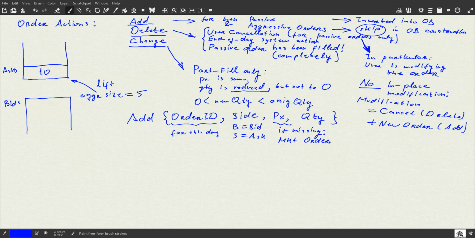And if it is a market order, then obviously we know that market order is the aggressive order. And if it is an aggressive order, then we already know that for the purpose of order book construction, not for any other purpose, but for the purpose of order book construction, you can ignore it for the moment.